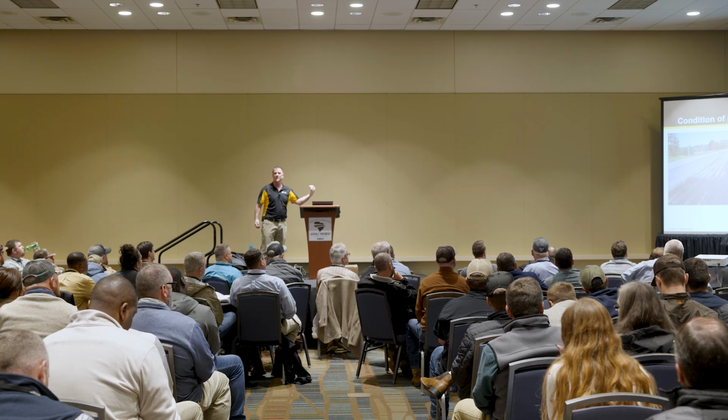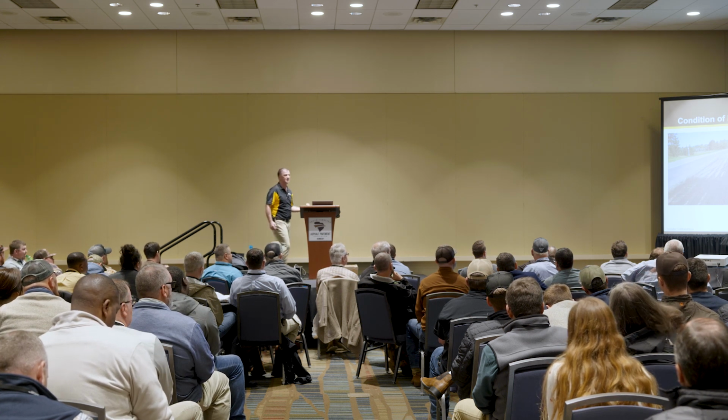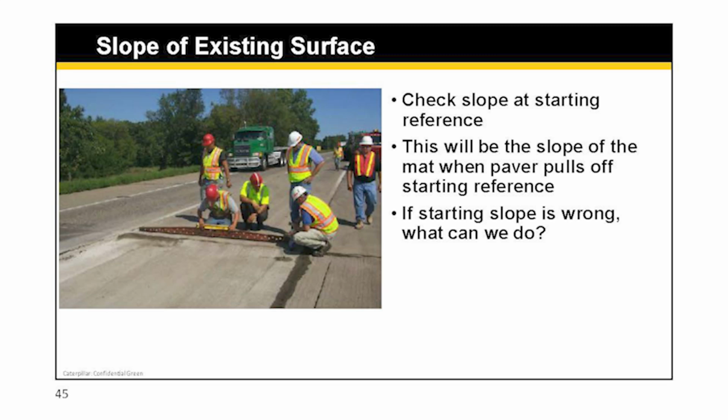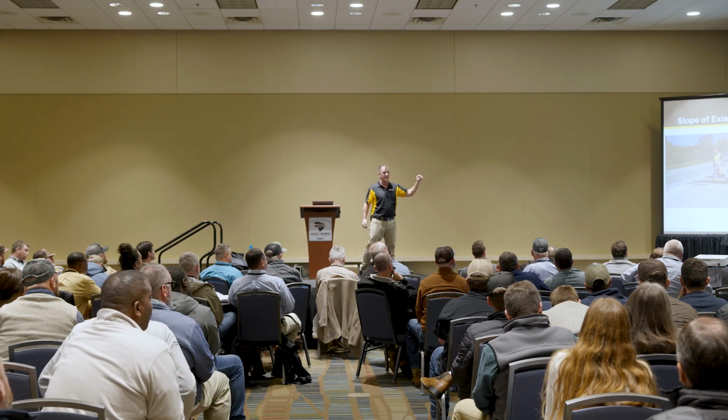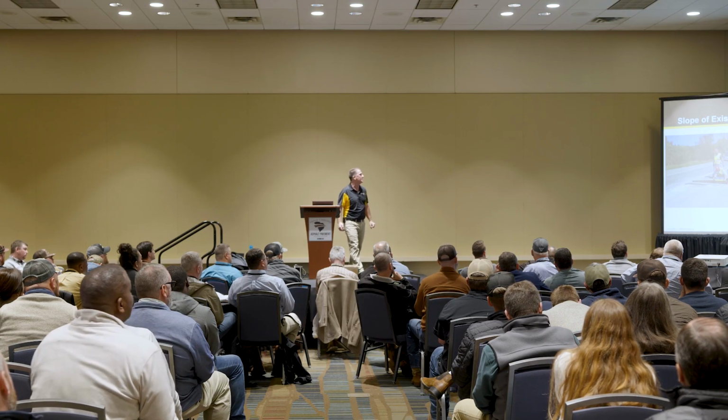So now what's going to happen when we get to paving it? High and low, right? We're going to have a thin spot there. Either our mat's going to follow the grade, or we're going to pave over it and be really thin there. Not good for compaction, durability, might even drag aggregate, drag rock if we get real thin.